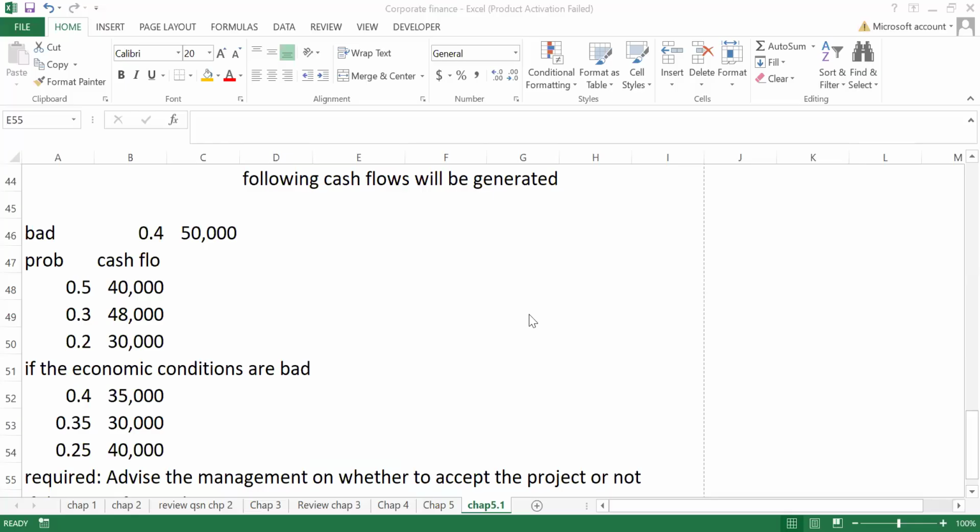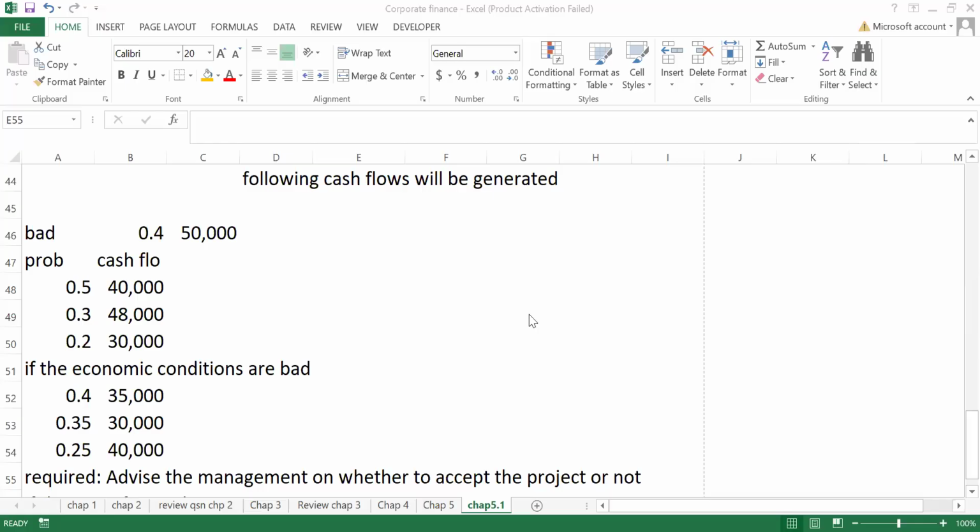If the economy is good, the chances of getting the cash flows are 3. There is a probability that the cash flow can be 40, a probability that it can be 48, and a probability that it can be 30 if the economy was good.